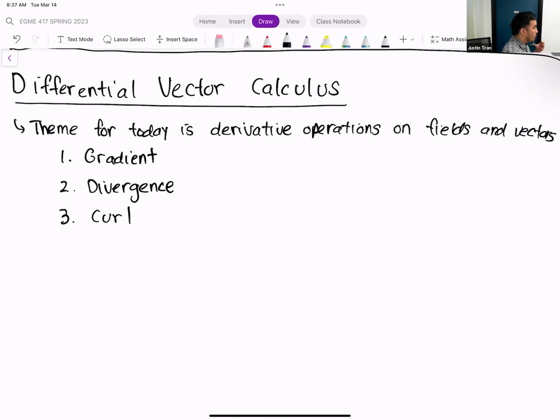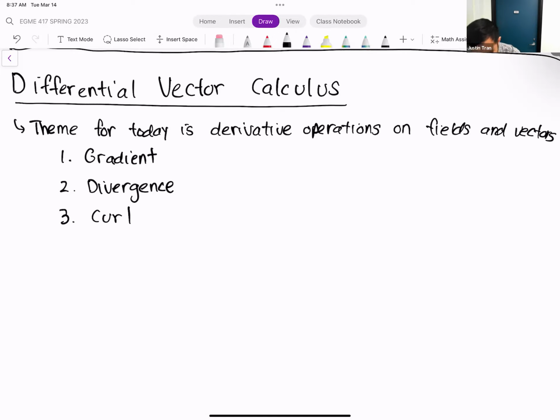Learning how to compute these is important, but having physical intuition is, I think, more important, because in reality, when you see a differential equation or a vector equation with these operations, most of the time you're not going to be computing that by hand. What's more important is that when you see these in an applied setting in another class, you understand what they mean, so that you have a deeper understanding of the governing equation.